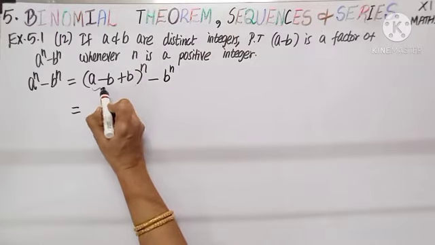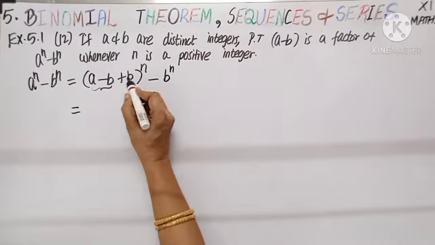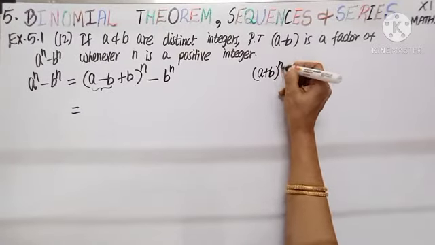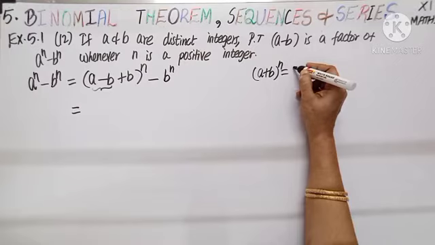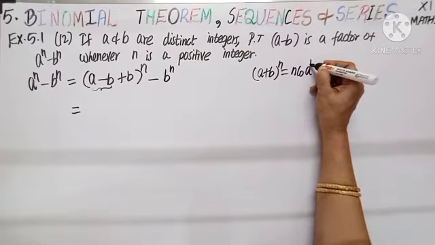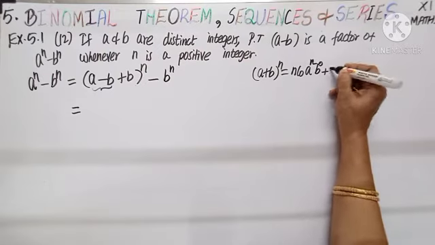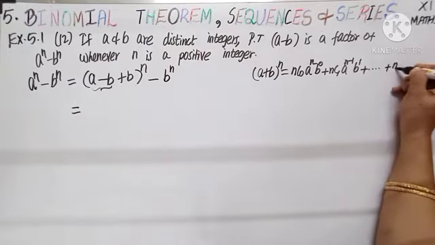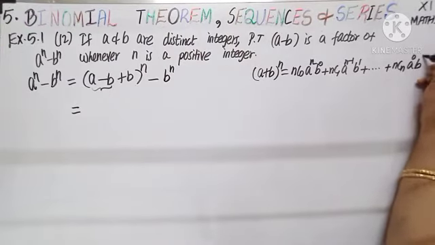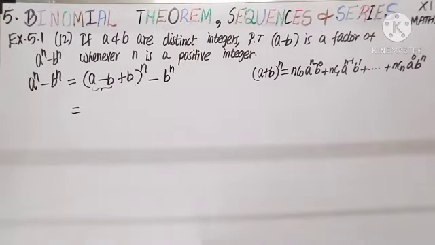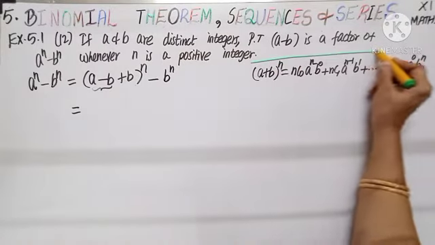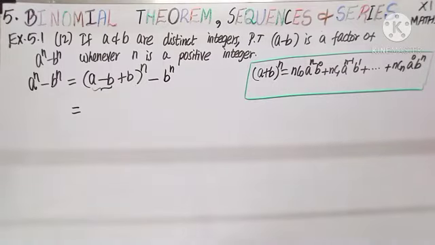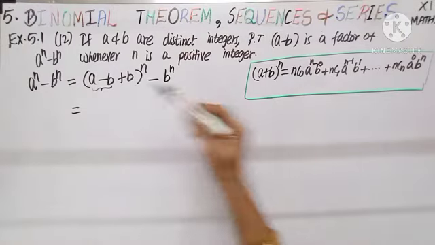Keeping a minus b together. What expansion? It is (a plus b) the whole power n. What is my formula? First term nC0 a power n b power 0, nC1 a power n minus 1 b power 1 and so on, nCn a power 0 b power n. In this problem, in the place of a, I have a minus b, and in the place of b, it is b only.